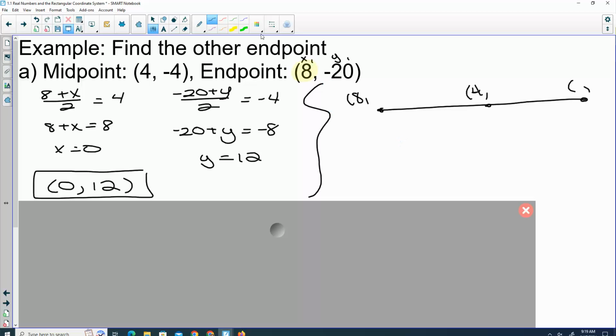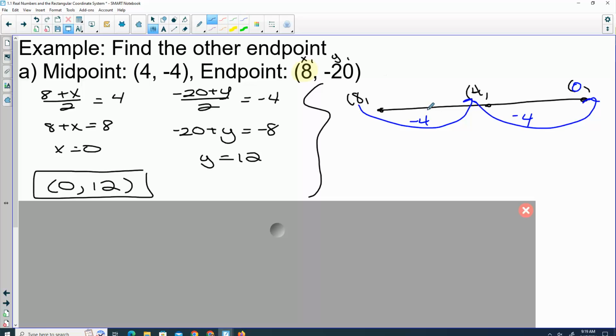Where would it end? So if you have 8, what do you have to add or subtract to get 4? You have to subtract 4 or add negative 4. So we do it again. If I subtract 4 again, 4 minus 4 is 0. Is that the same thing we got for x when we did the algebra?